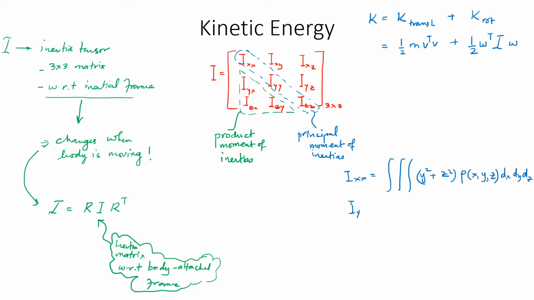Similarly, Iyy is also a triple integral, but then you have to use the others like x squared plus z squared as the function, and similarly the density of the material is being used. And similarly for Izz.